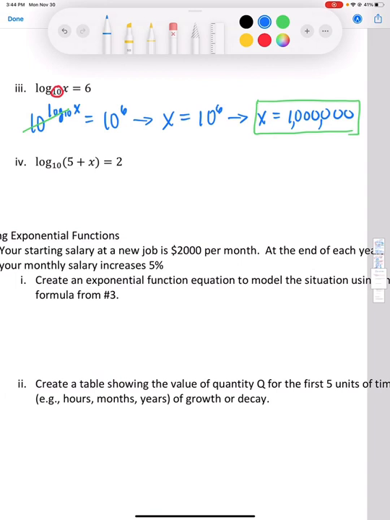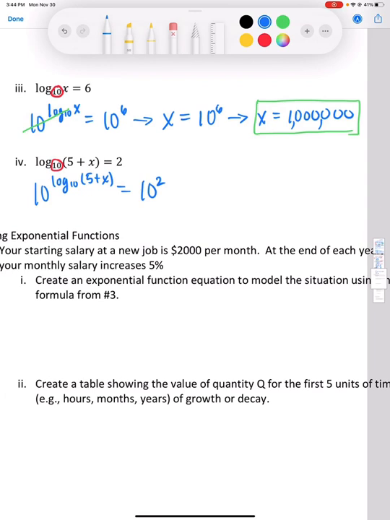Okay. Let's take a look at this next one, log to the base 10 of 5 plus x equals 2. Okay, so I'm going to note my logarithm again. It's base 10. So use that to say, okay, I'm going to do 10 to the log base 10 of 5 plus x equals 10 squared, okay?